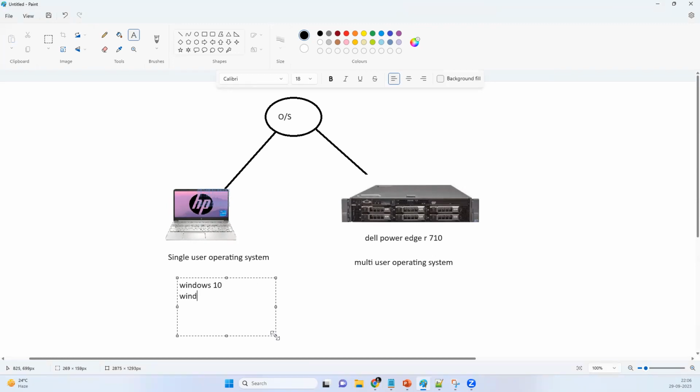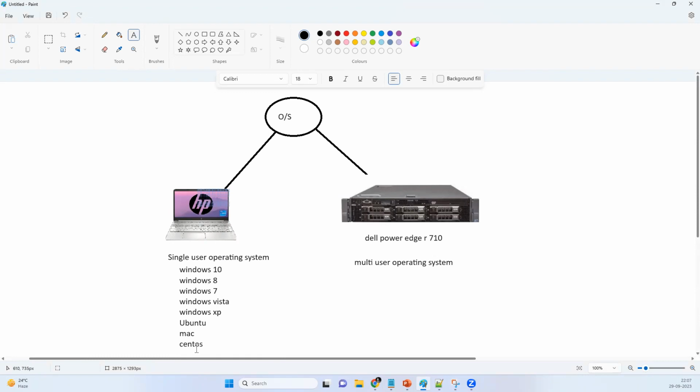Windows 10, Windows 8, Windows 7, Windows Vista, Windows XP, Ubuntu, Mac, CentOS 7. So these all are the single user operating systems.